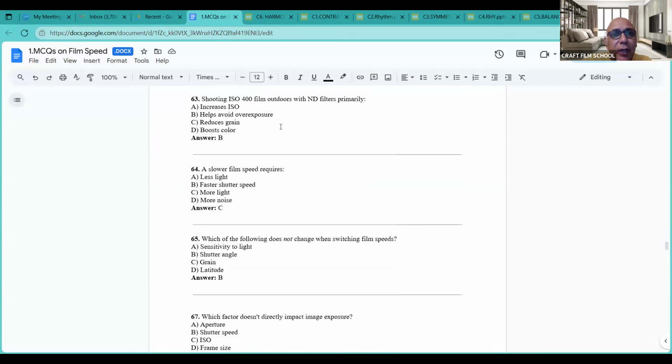Okay. Shooting ISO 400 film outdoor with ND filter primarily. I discussed earlier, if you remember, that if you have no choice and you've got a 1600 ASA film, or here they have mentioned 400 ASA film, and you're shooting outdoor, what would happen?